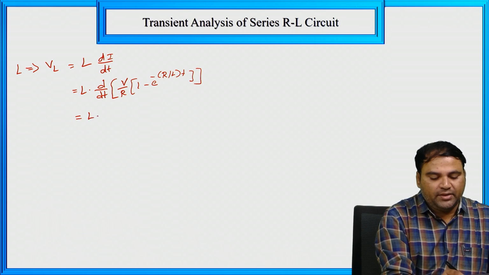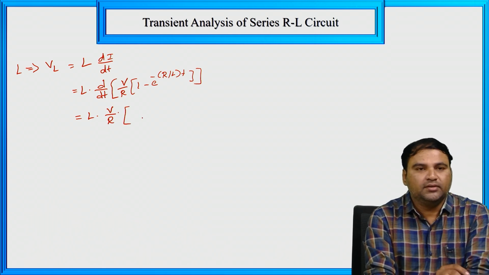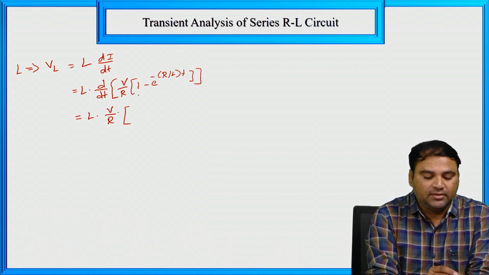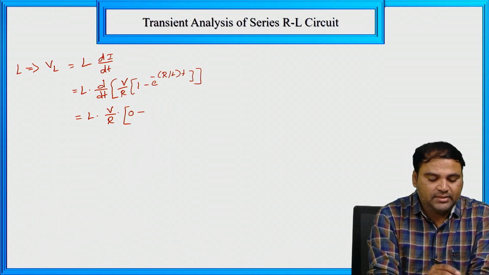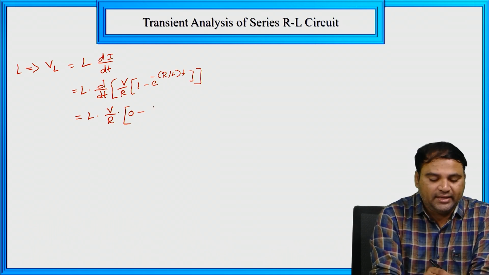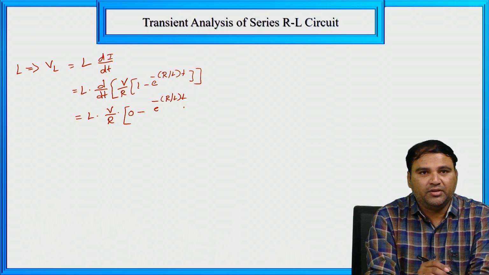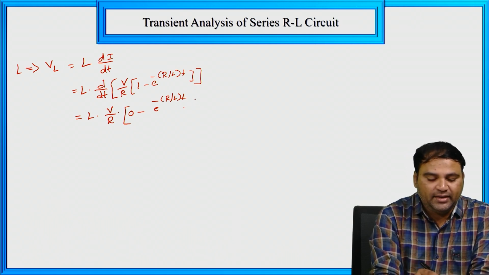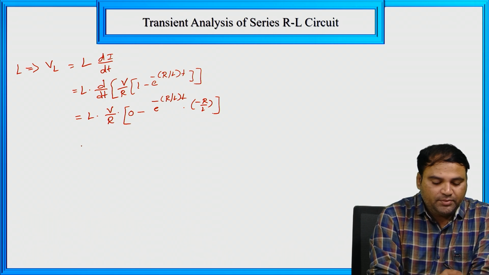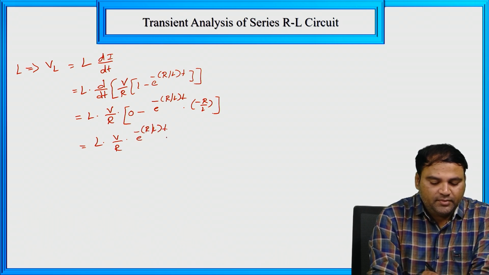So that is equal to L into, V by R is a constant common term, into the differentiation: d by dt of 1 is 0, minus d by dt of e to the power of minus R by L t, which is e to the power of minus R by L t into, again we have to differentiate minus R by L t, so we'll get minus R by L. So that is equal to L into V by R into, minus into minus gives plus, e power minus R by L t into R by L. So L gets cancelled, R gets cancelled.